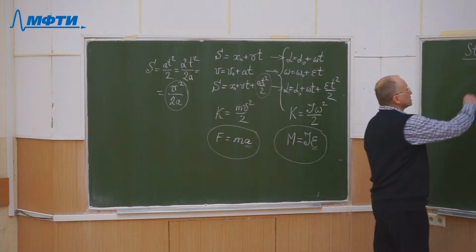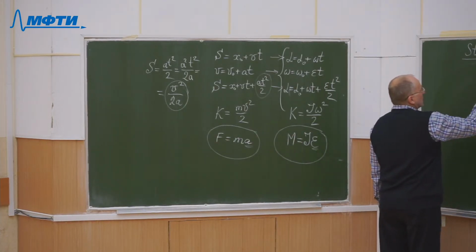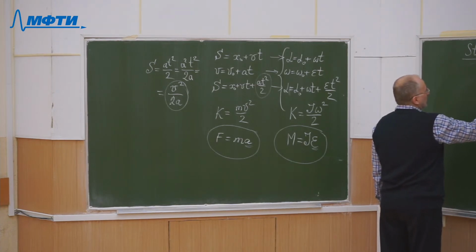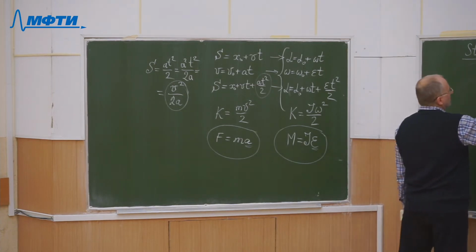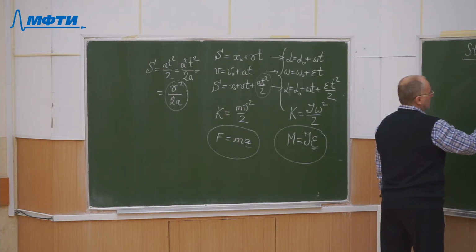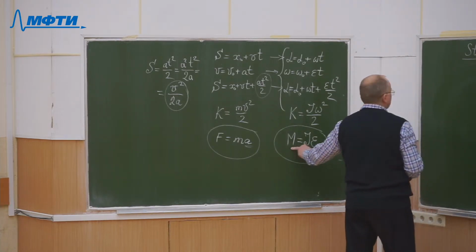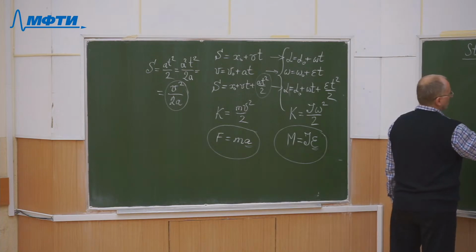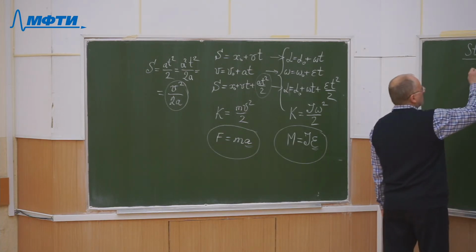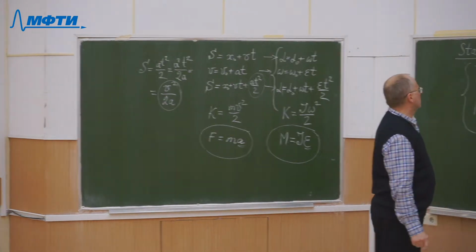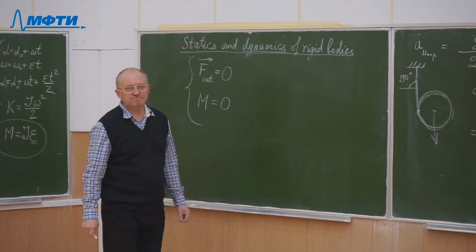And we have two conditions. The force, which is actually the net force acting on the rigid body, is zero, and total torque acting on the rigid body is also zero. So this is the condition of statics of a rigid body.